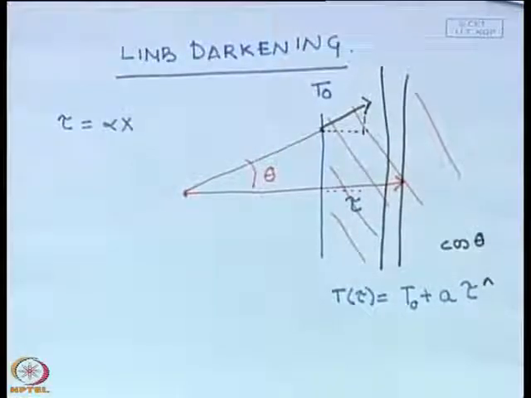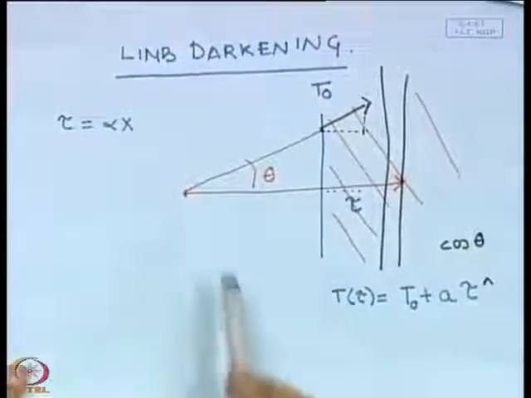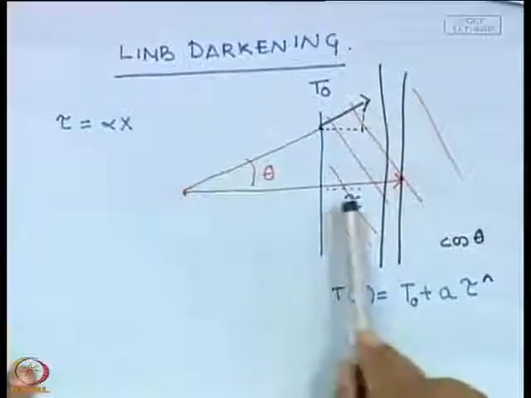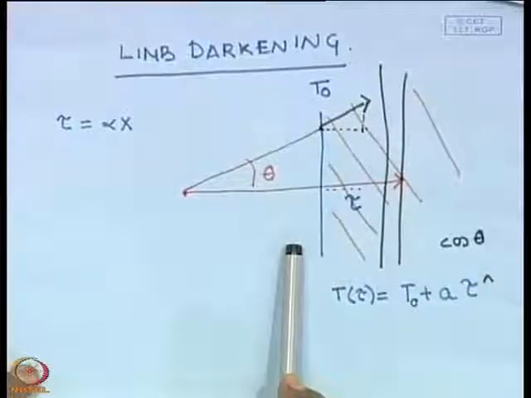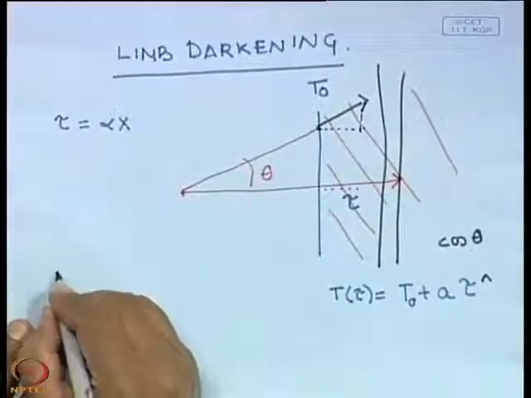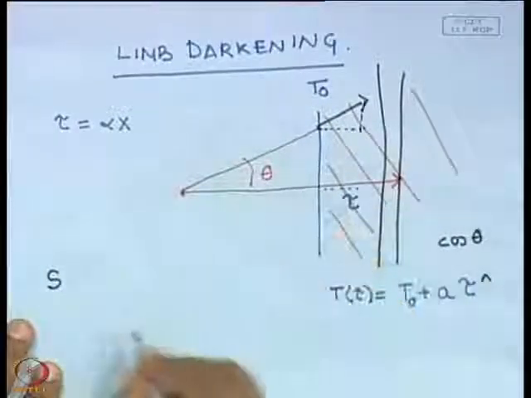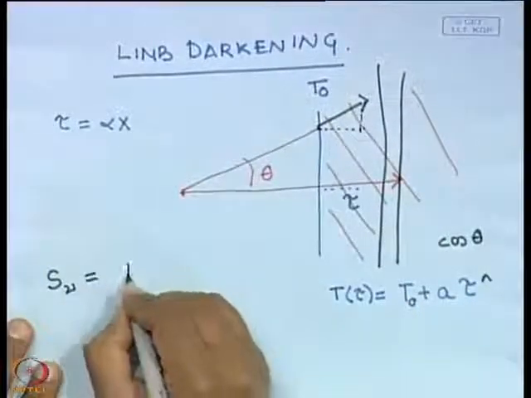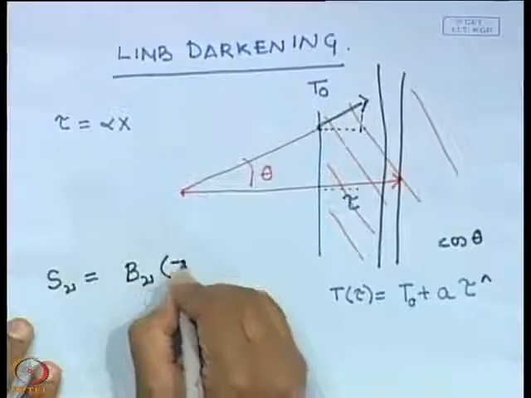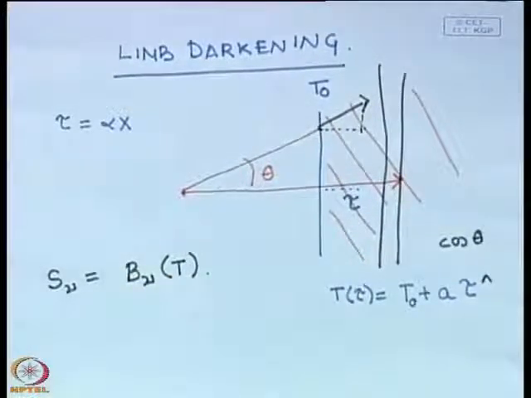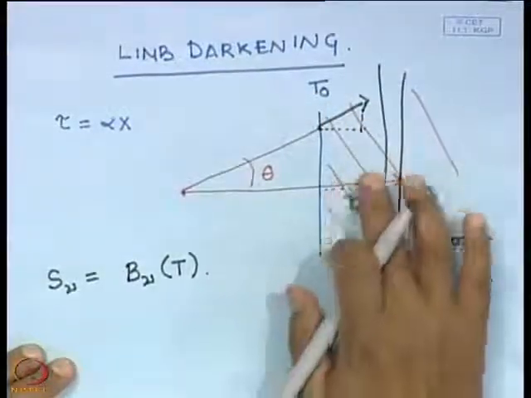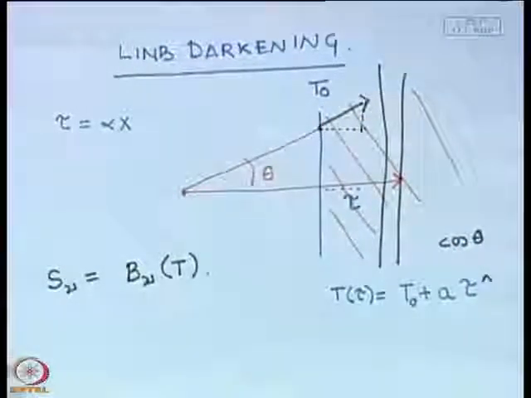Now let me write down the general solution. We have already solved the radiative transfer equation, so we can straight away write down the general solution in terms of the source function inside this material, and the source function inside this material is just the Planck spectrum at the temperature T. So the material inside is emitting thermally at a temperature T, where T is increasing as we go in.